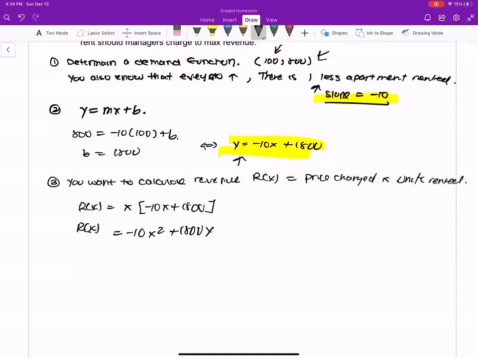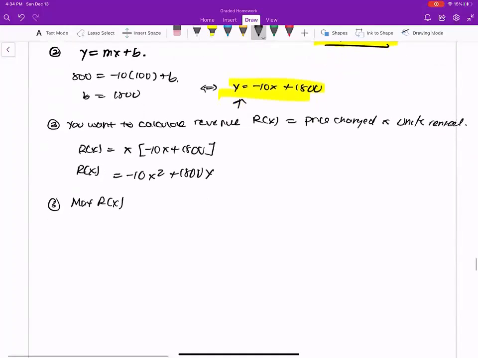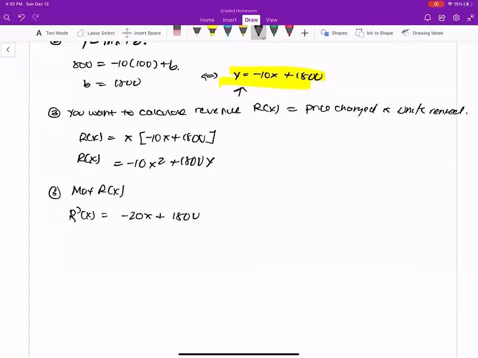Now you want to maximize the revenue, and how do you do that? You want to differentiate R of x, so you differentiate R of x, which would give you negative 20x plus 1800, a very simple differentiation.